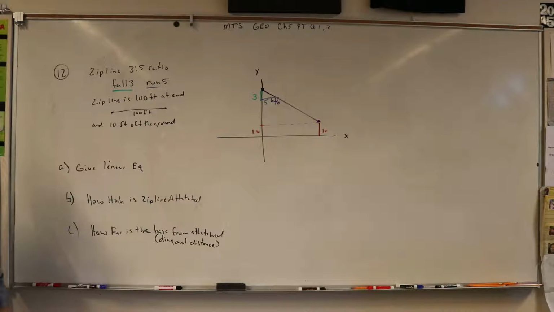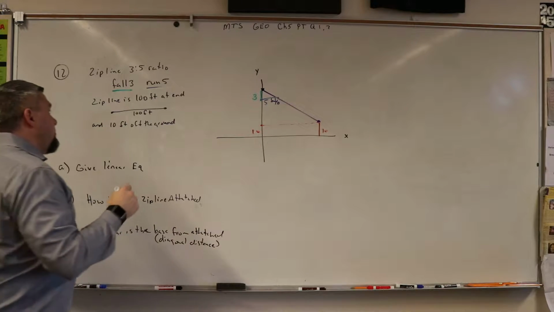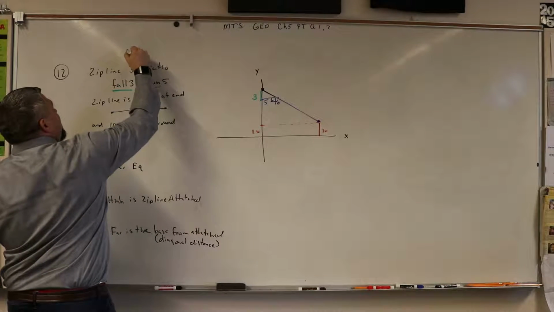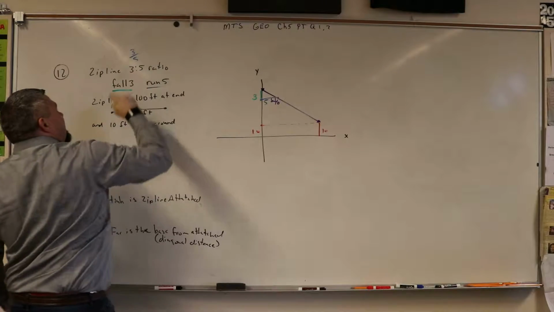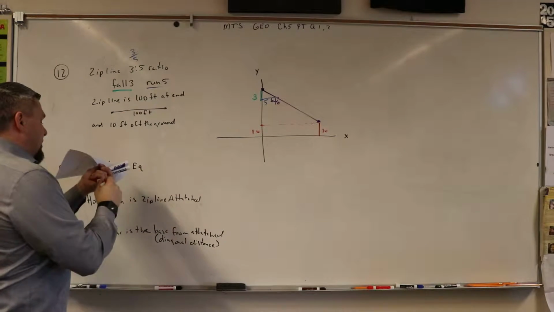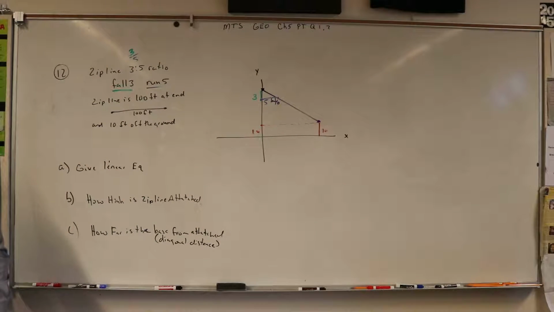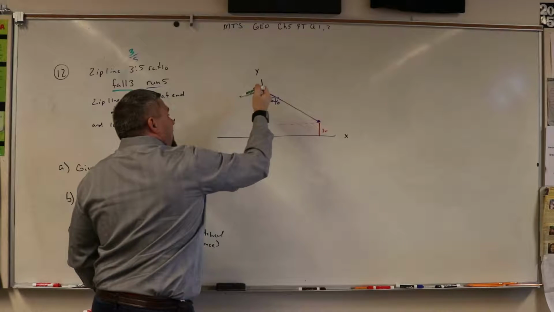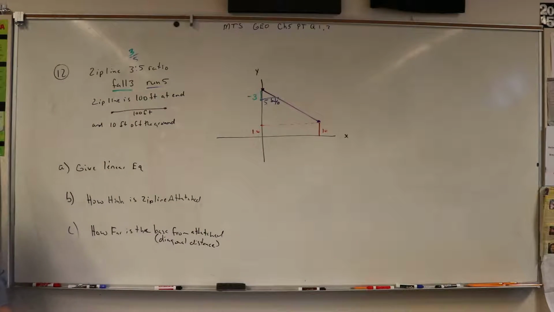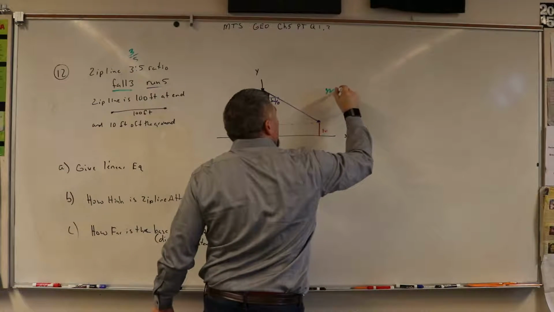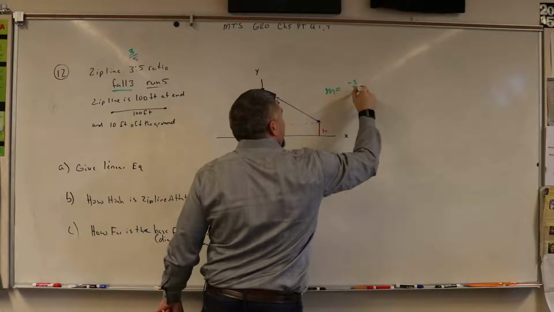So we know that it's falling 3 and running 5. That's a 3 to 5 ratio, which is written as a fraction 3/5. We should also know rise and run: this is negative, the thing's going down, but it's running 5. So now I know the slope is negative 3/5.